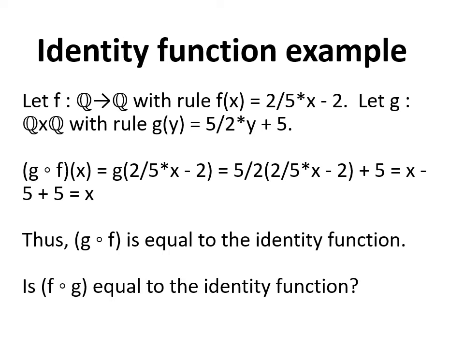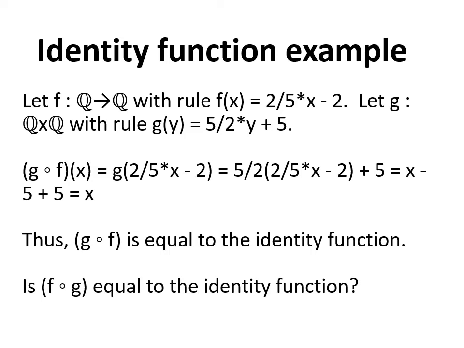So here is an example of an identity function. Let f map rationals into rationals, and the rule is that f of x is equal to 2 over 5 times x minus 2. And g has the rule g of y is equal to 5 over 2 times y plus 5.